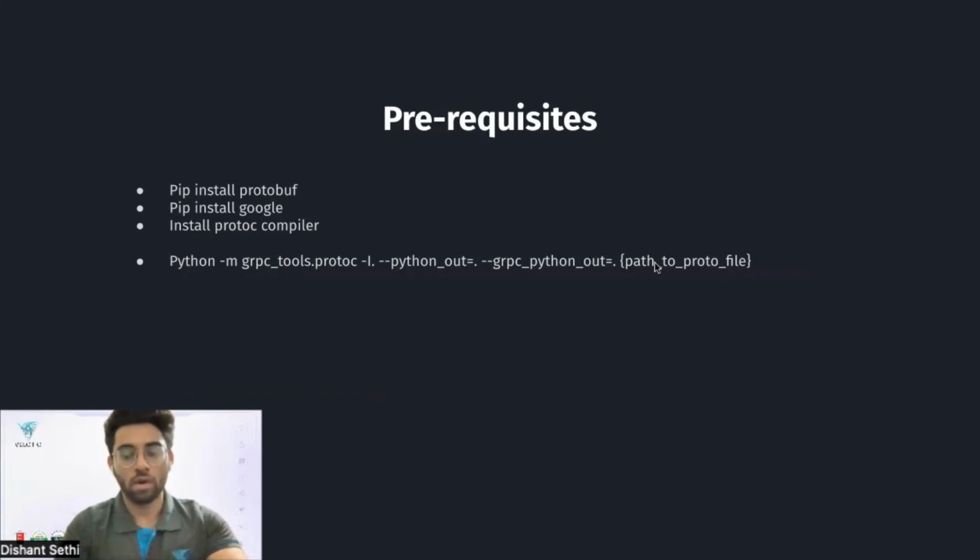This command will take our protocol buffer file as an input and generate the client and server representation of the messages and the services we define in our protocol buffer file. Right. In the demo time, I'll show you how a protocol buffer file looks like, what are messages, what are services, how we can define them, and how we can use this command to generate the server and client representation code.